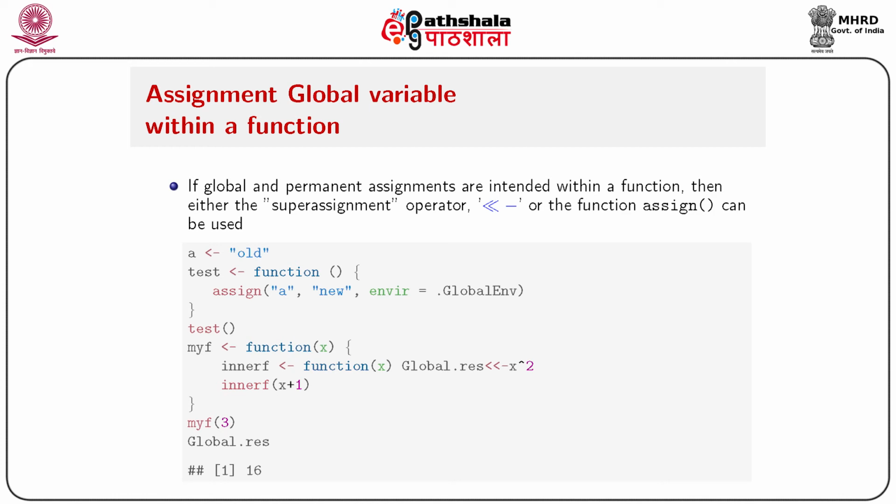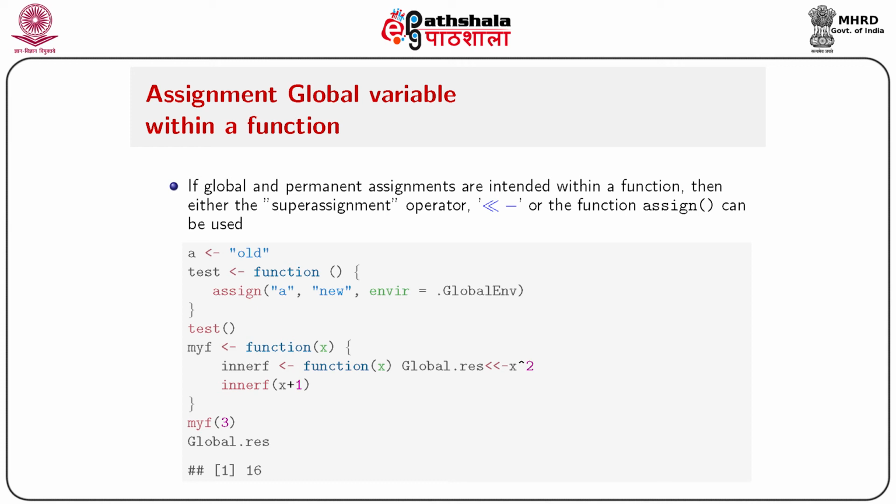Say a equals old test function, then assign a new environment, that is dot globe env, then test call. And then another function that I am defining, my f function x, then inner f equals function x globe dot res.